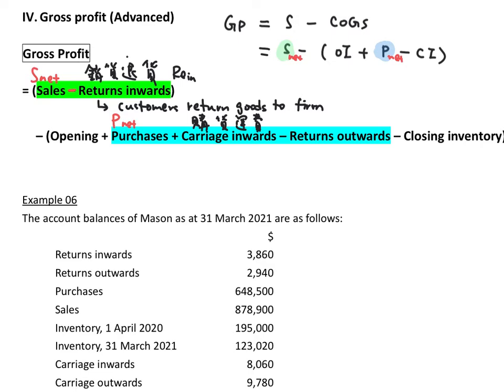Another one is 購貨退回, return outwards. That means the firm returns the goods to the supplier.